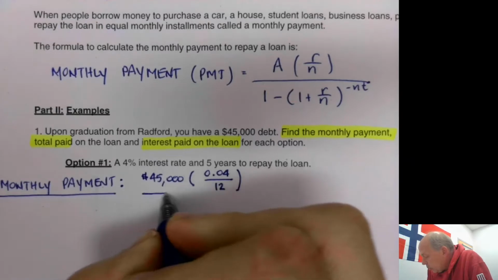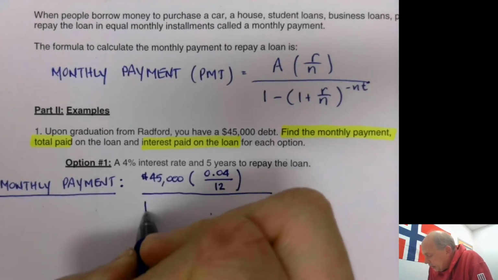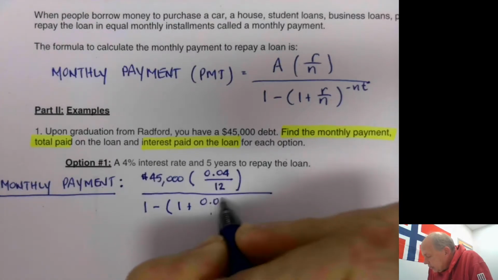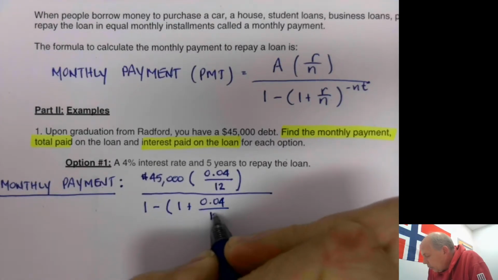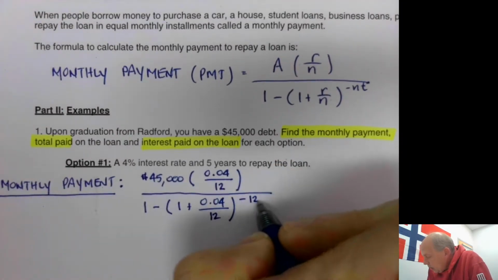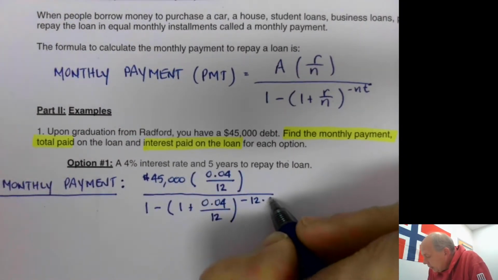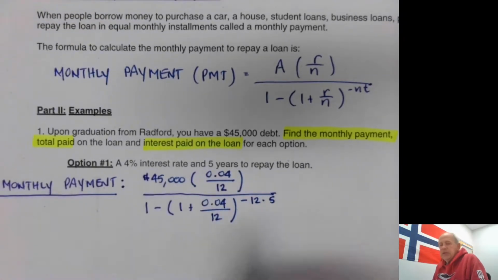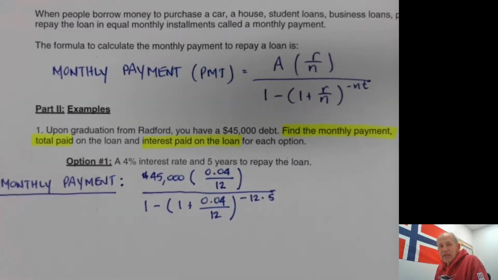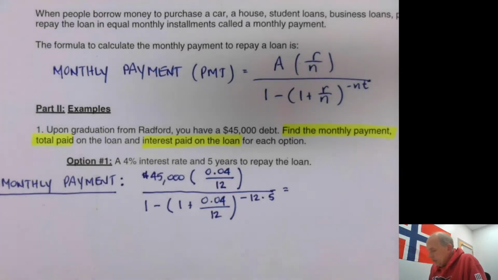N is going to be 12 for a number of months in a year. So I have 1 minus 1 plus 0.04 over 12. I'm working here in the denominator. Minus 12 and negative 12 for my exponent times 5. 5 years to repay the loan. I took this formula and I placed all of the values in for this particular situation for this particular student.